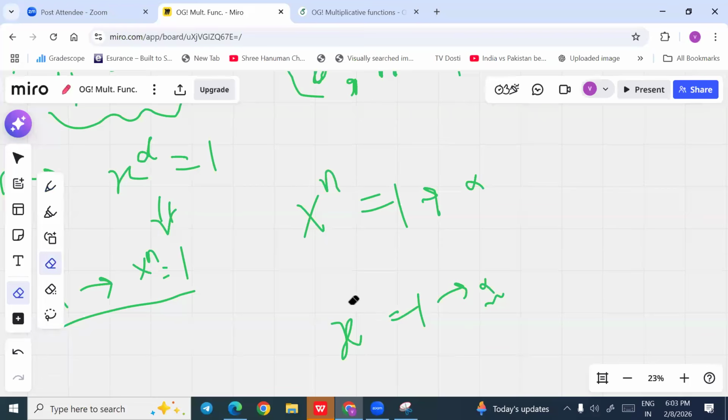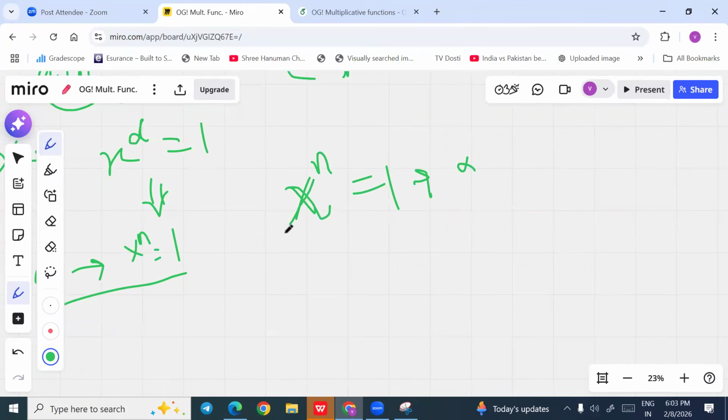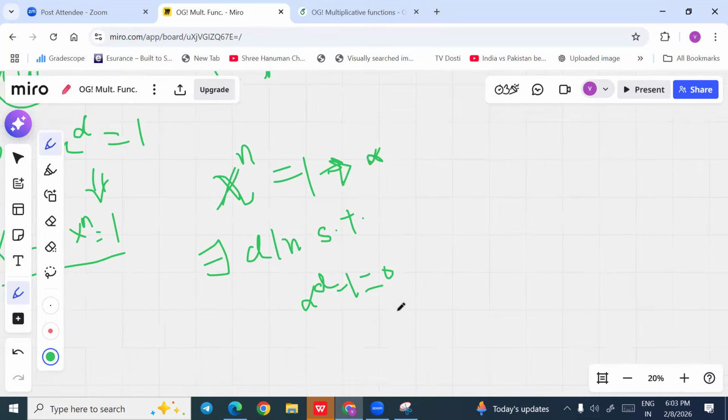So what I'm saying is that for any root alpha of x^n equal to 1, there exists a d which divides n such that alpha^d equals 1, alpha^d minus 1 equals 0, and alpha is a primitive root of x^d minus 1.